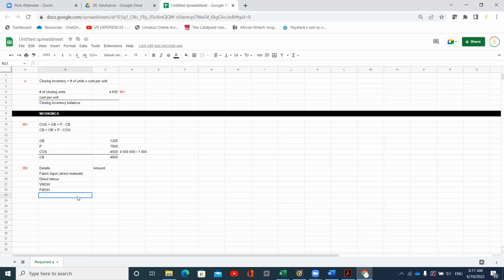Okay, so this will be total cost of production. And then we're going to say units manufactured or units produced. And then this will be cost per unit.